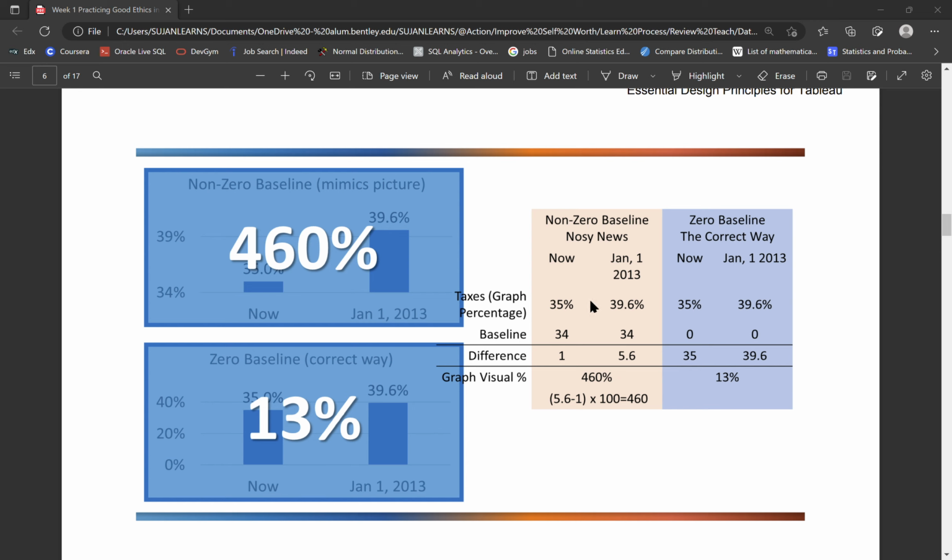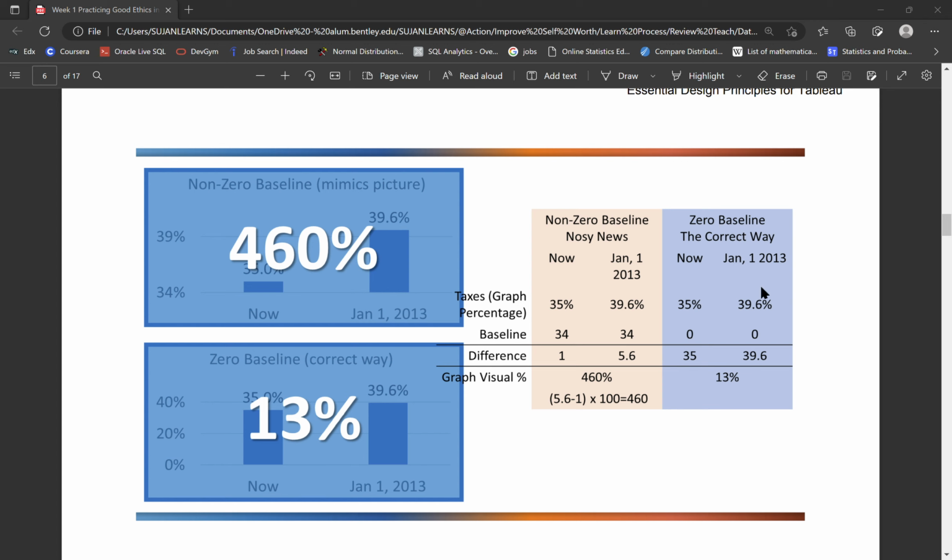We'll take the difference. 35 minus 34 is 1. 39.6 minus 34 is 5.6. Again we take the increase from now to January 1st, which is 5.6 minus 1, which is 460%. There's a 460% increase from now to January 1st.